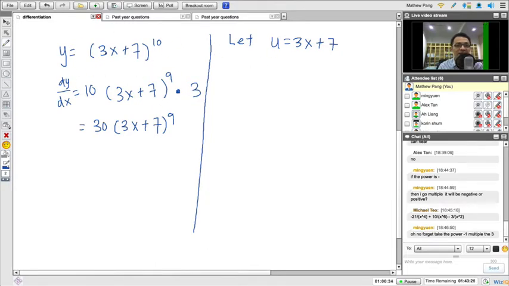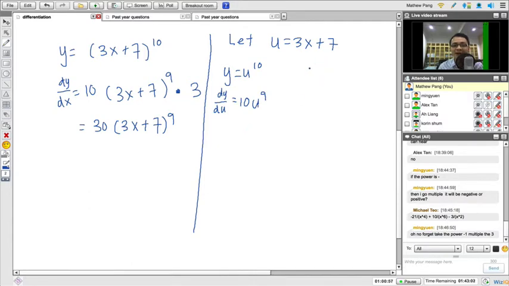Alright, so in this question, this is u already, right? So I will get y equals u power of 10. If I differentiate this one, it is differentiate y towards u, right? So here I should write dy du. Alright, this is simple. We move the power in front minus 1, right? So it will be 10u power of 9.